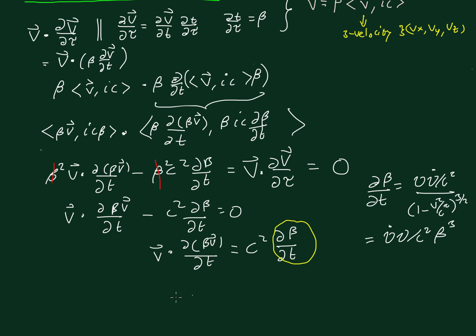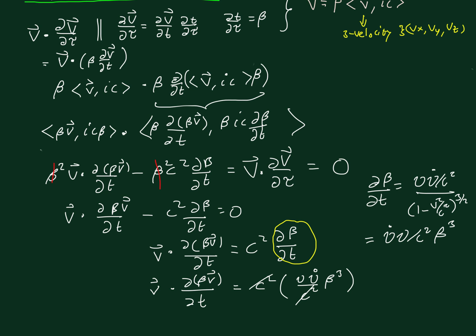So if we do that, we'll have v dotted with d(beta v)/dt is equal to c squared multiplied by v v dot over c squared times beta cubed. Our c squareds cancel out.